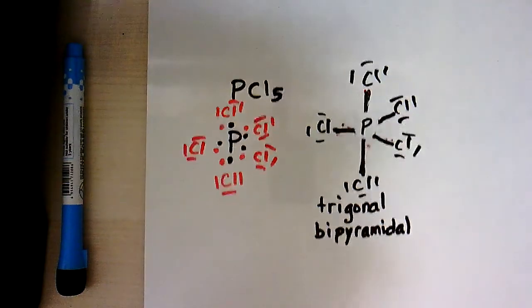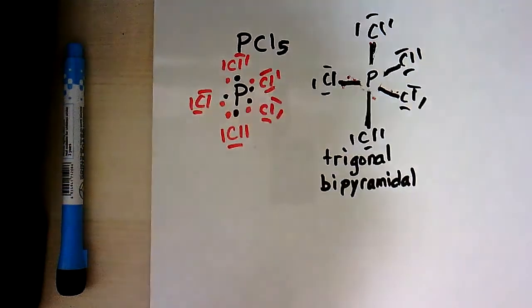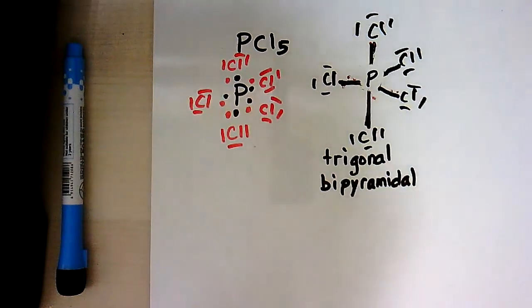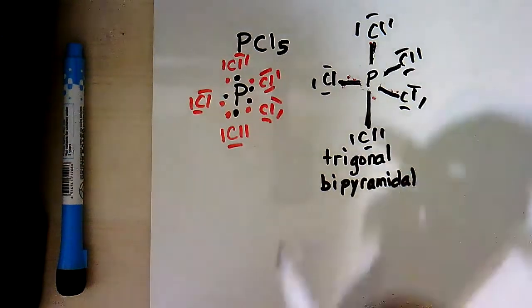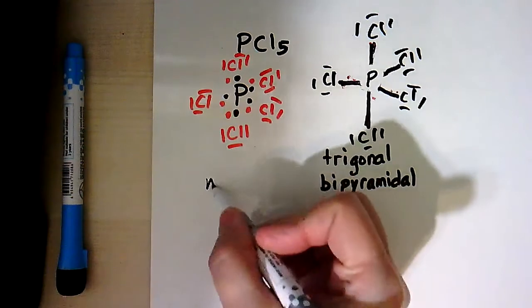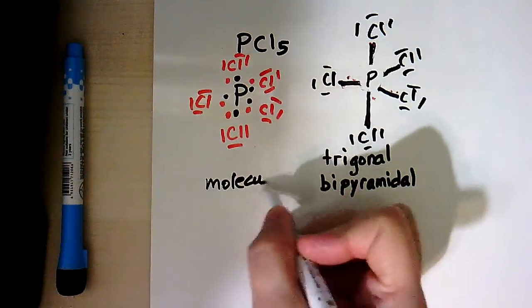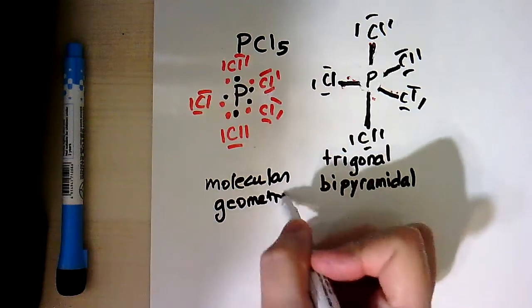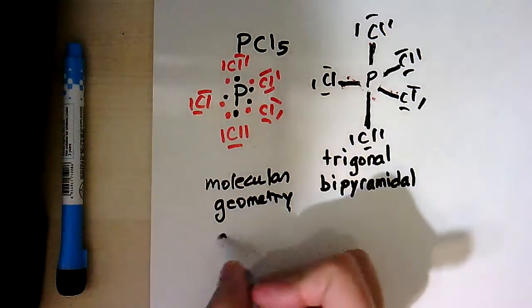Now to determine the shape of this molecule, we simply remember the rule that if there are no lone pairs, it's the same. So this is both the molecular geometry and it's also the shape.